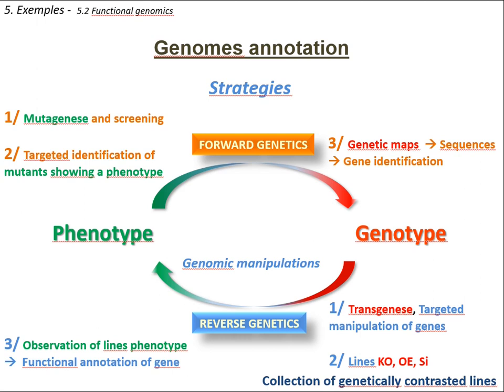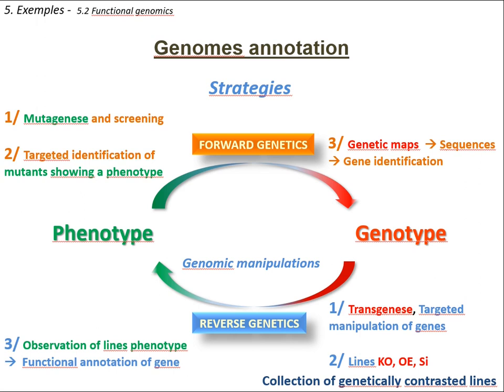So you had to screen these mutants for a particular phenotype. And only after that could you map the genetic mutation and identify the gene that was responsible, hopefully, for this phenotype.